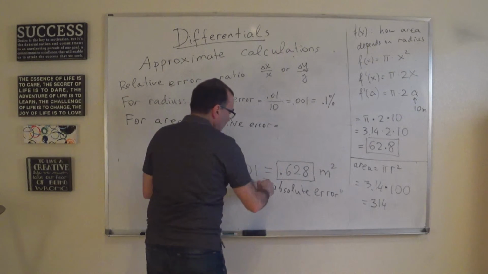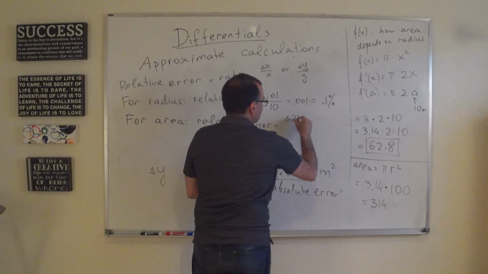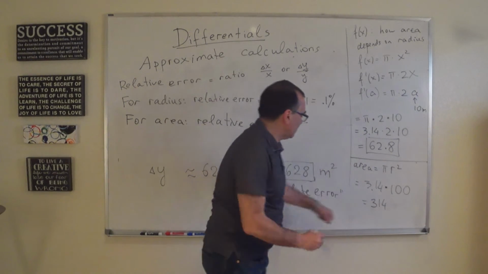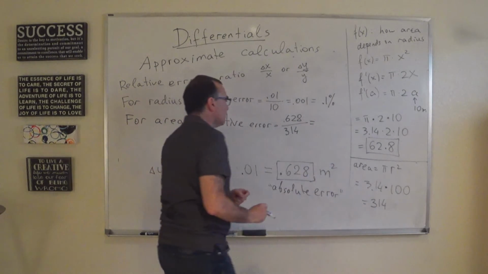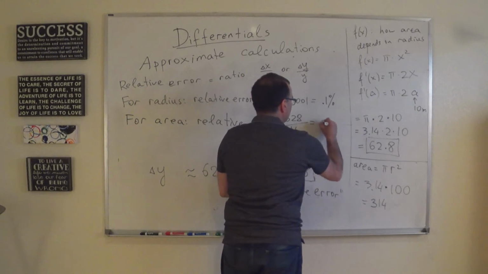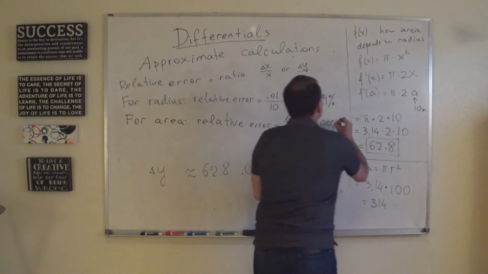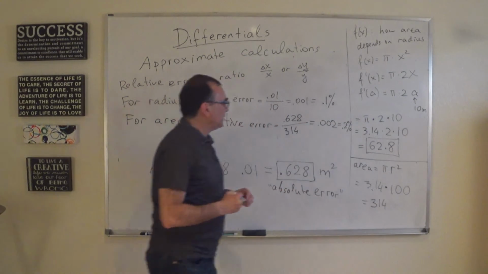In this case, delta y for the area is 0.628, and the value of the area is 314. So when you divide, you get 0.002, which is actually 0.2%.